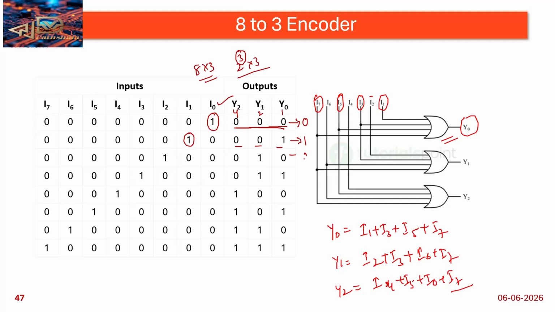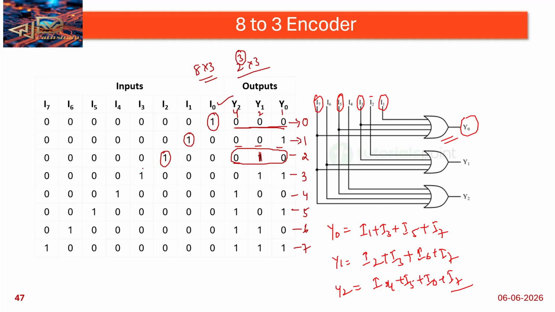After that this is 2, then 3, 4, 5, 6, 7. These are the decimal values. Okay, yes. Whenever you are selecting the input I2, the binary is 010. How to write that? This is 2, right? So at the 2 position we are getting 1.